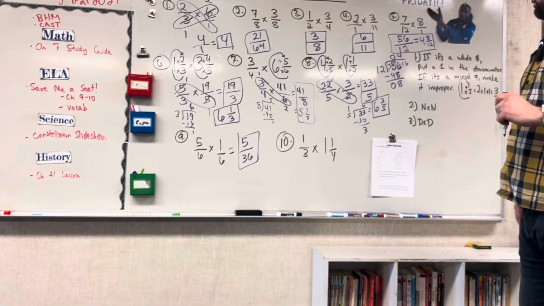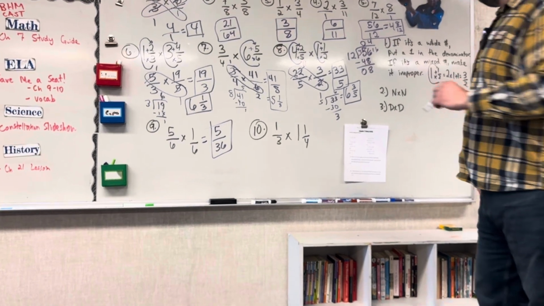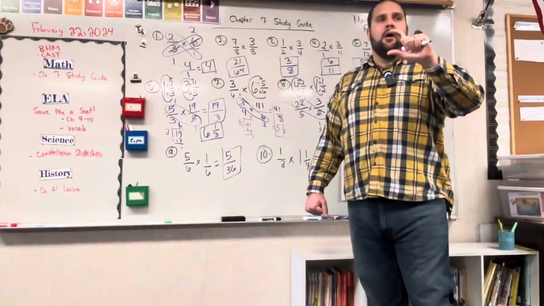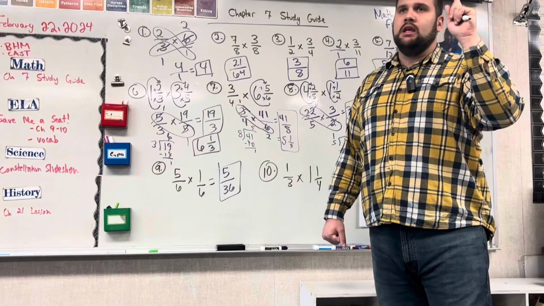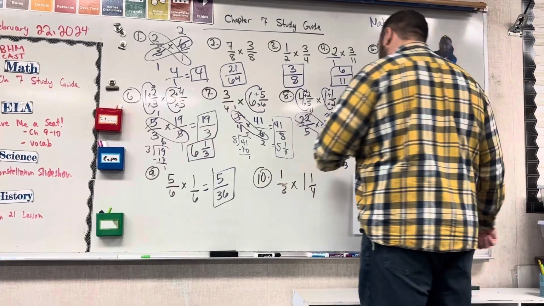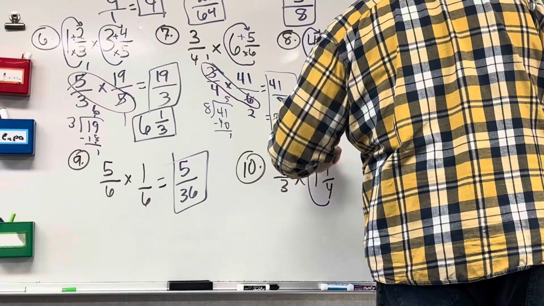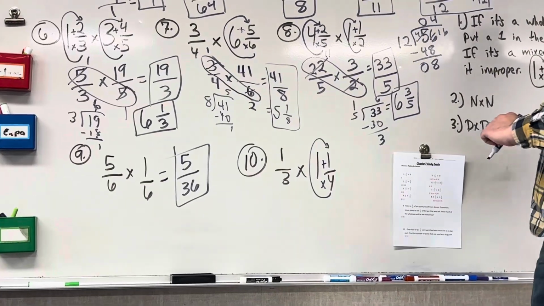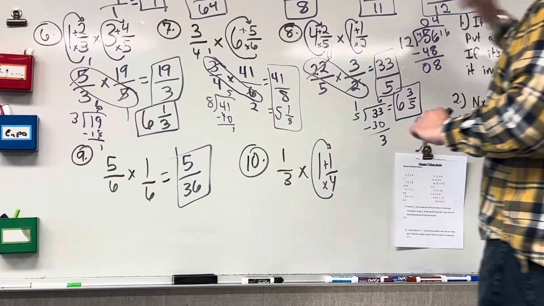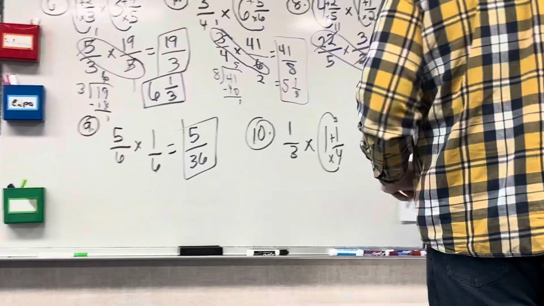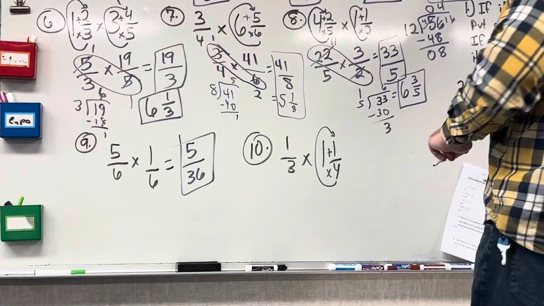Okay? Number 10, you got one mixed number, and they give you the word 1/3, but hopefully figure it out and say, wait, even though that's a word 1/3, it still is the fraction 1 over 3. All right, so you have 1 over 3 times 1 1/4. You got to make 1 1/4 an improper fraction, so you got to take the denominator, 4, multiply that by the whole number, which makes it 4, because 4 times 1 is 4, plus the numerator, which makes it 5.